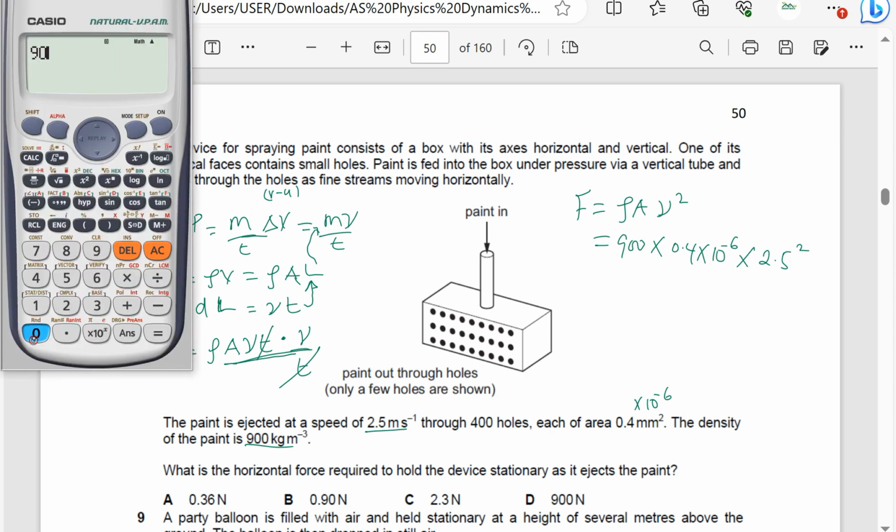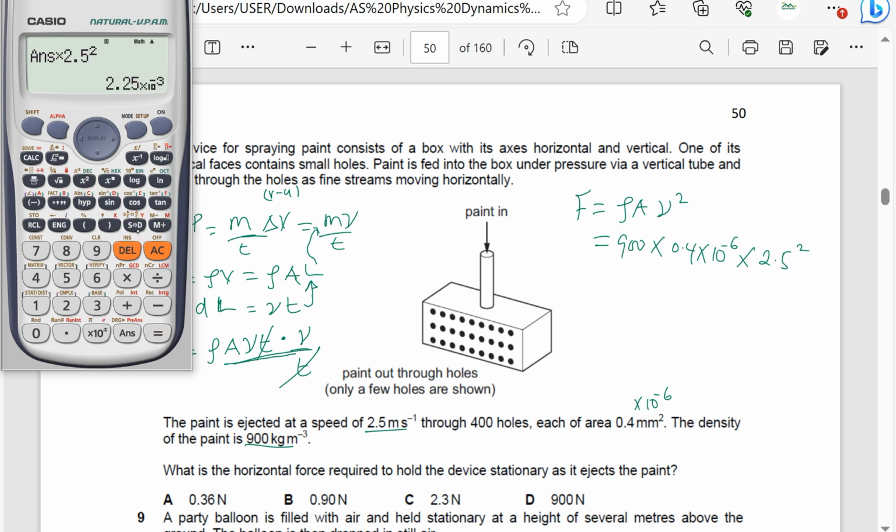So we have 900 times 0.4 exponent minus 6 times 2.5 squared.